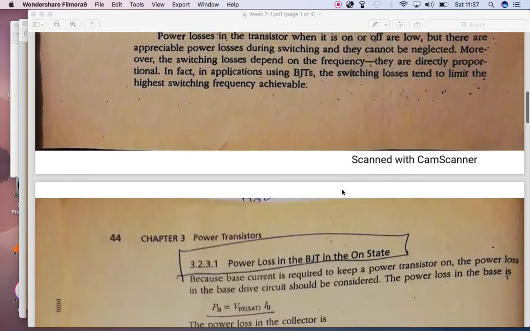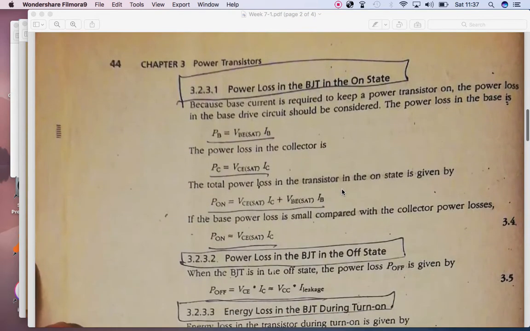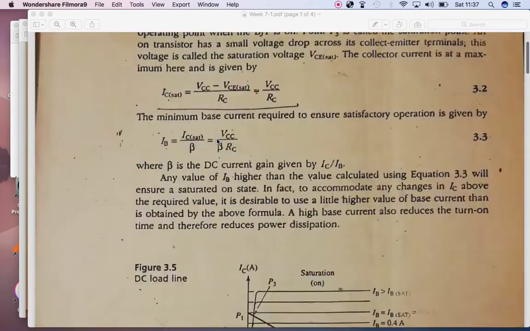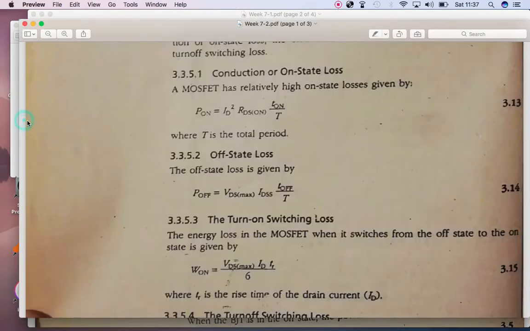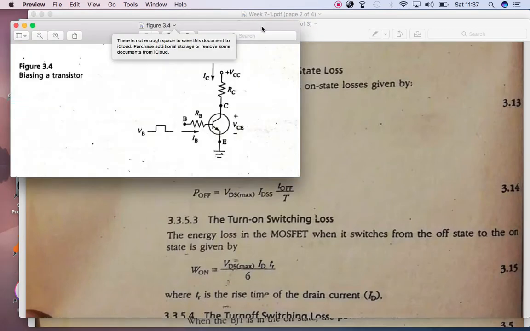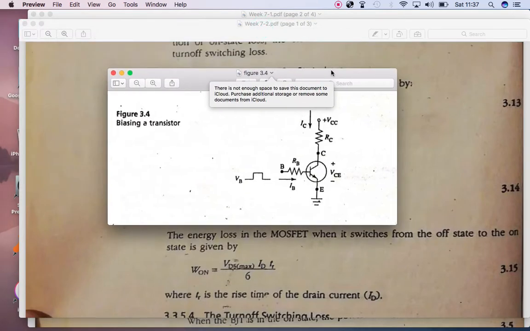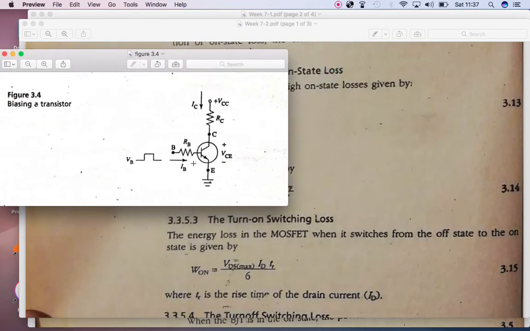Now we can observe some formulas of losses in the power BJT. If you can see the figure which I will show you over here, this is the power BJT. Here we have the base, above the collector, and below the emitter, and we can calculate the different losses at different terminals.